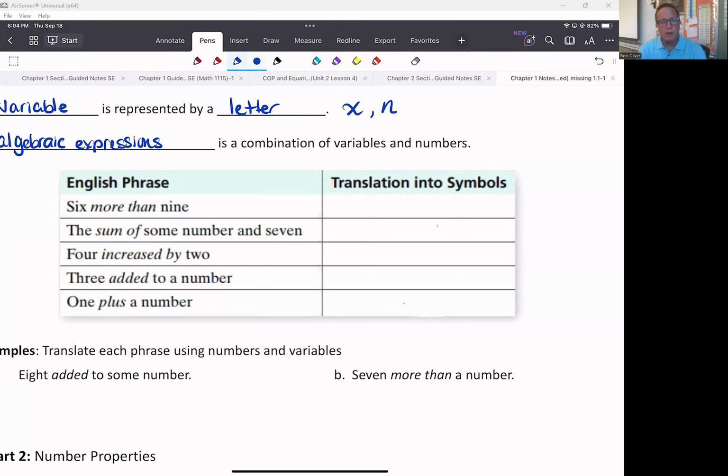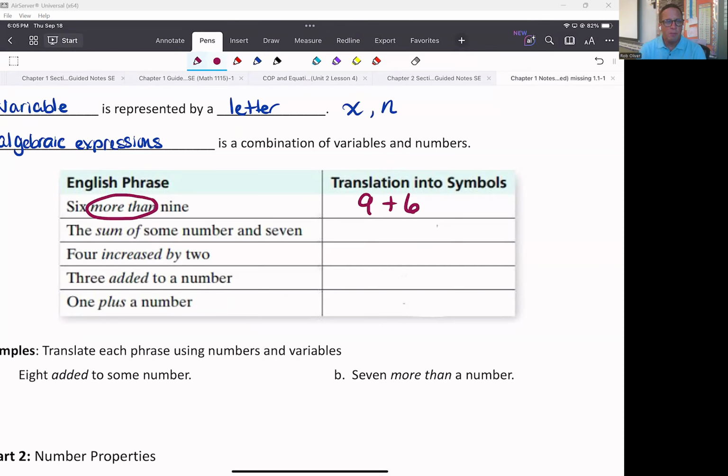So the first one there is 6 more than 9. Well, that's not really algebraic, but more than is indicating addition, right? So that's going to be 9 plus 6. Although we could swap those and do 6 plus 9 because it's the same thing.